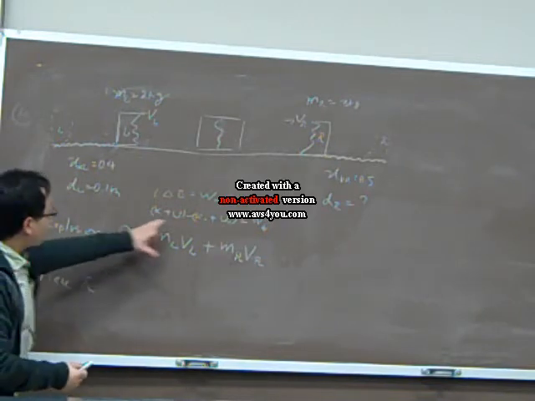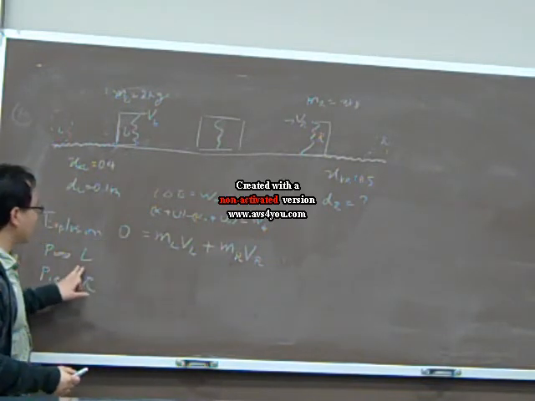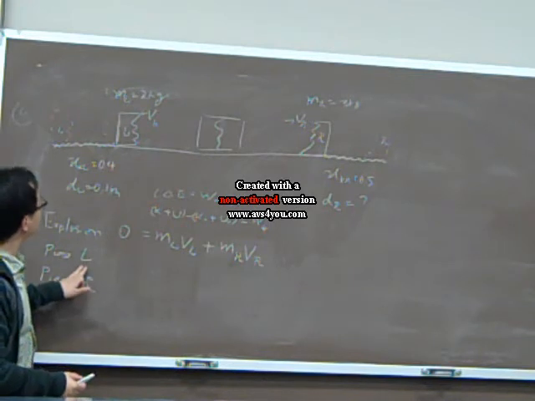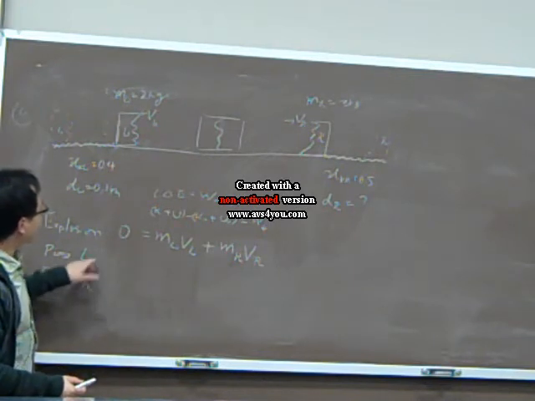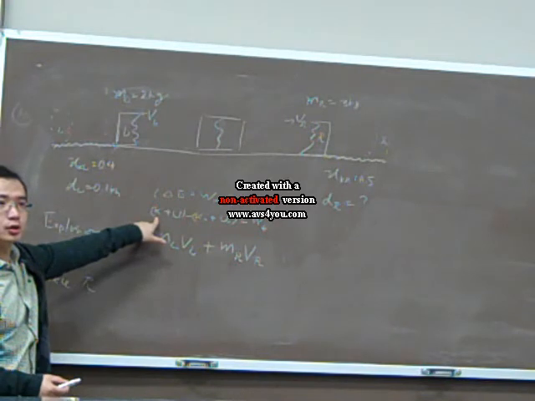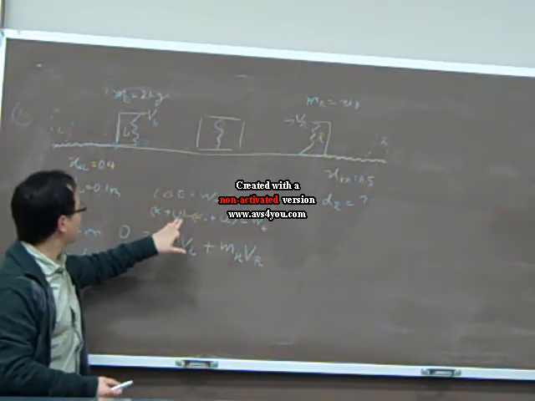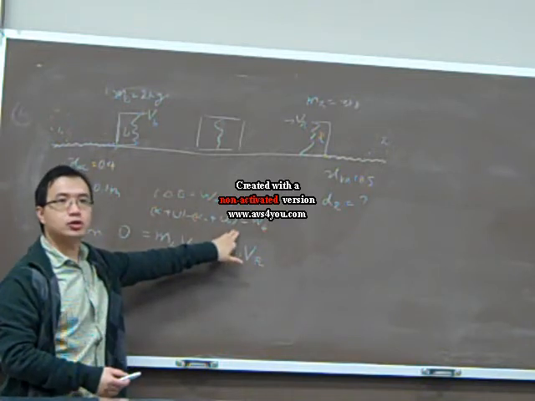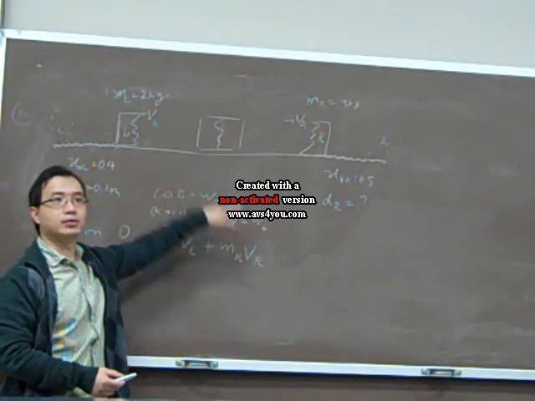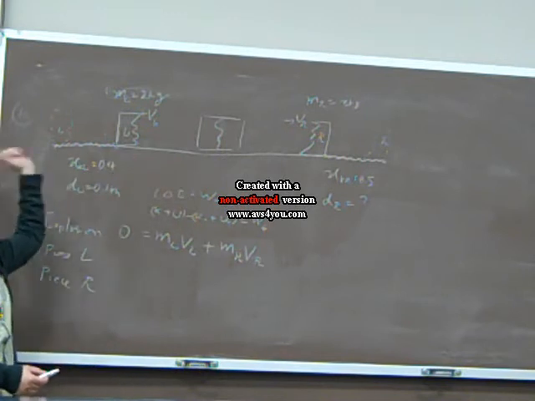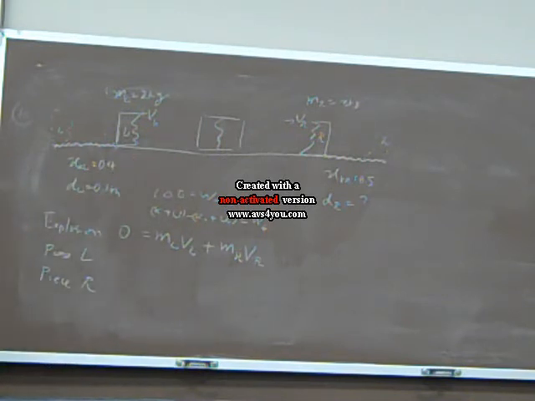According to this equation, let's write down all the terms. What is the final kinetic energy? 0. What are U and U naught? Both of them are 0, because with horizontal motion you don't have a gravitational potential energy change.